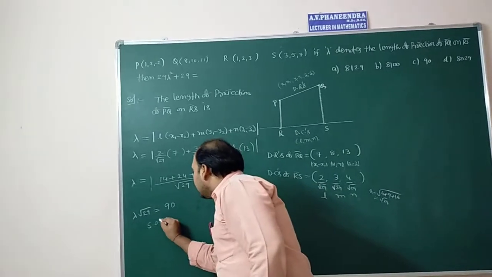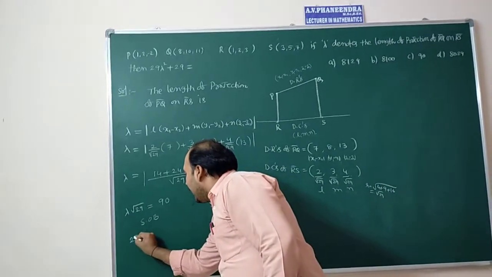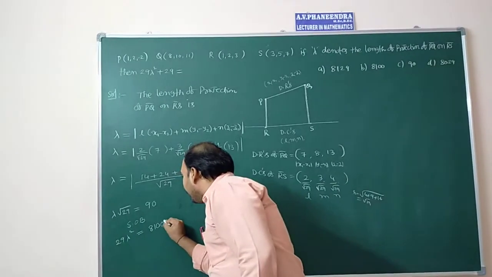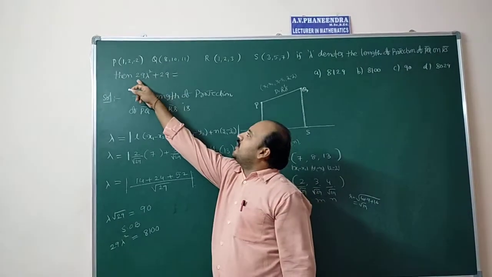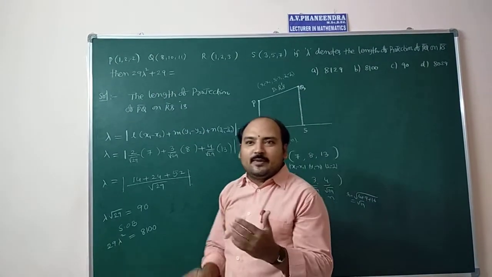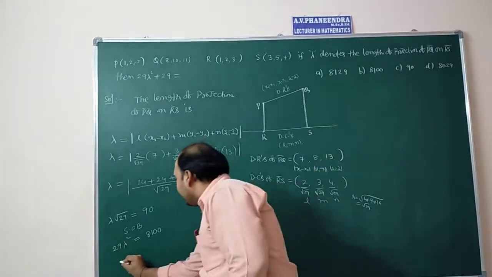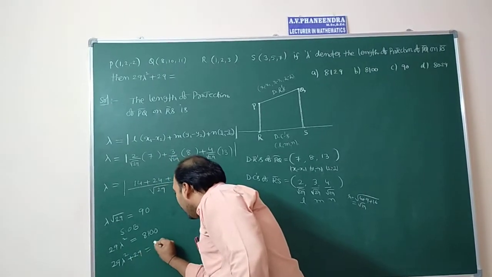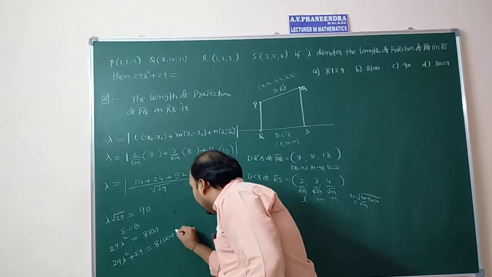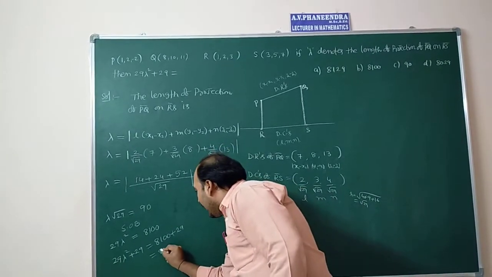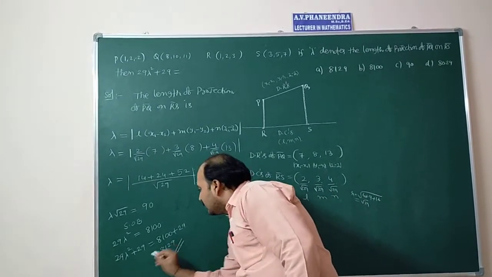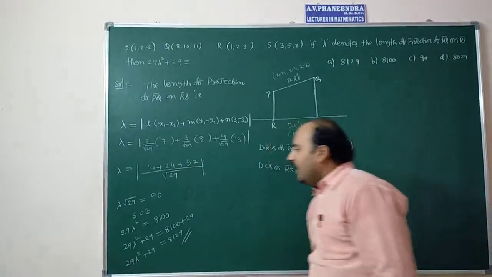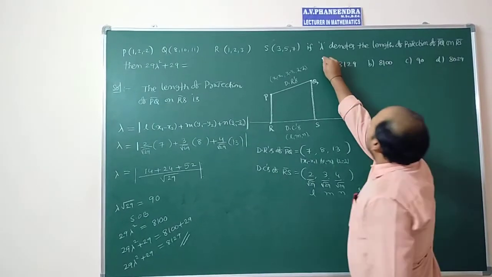Squaring on both sides, 29 lambda square is equal to 8100. But the question is 29 lambda square plus 29, so adding 29 on both sides, 29 lambda square plus 29 equals 8100 plus 29, which is equal to 8129. So 29 lambda square plus 29 is equal to 8129, which is in the first option.